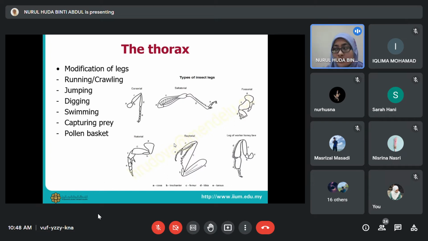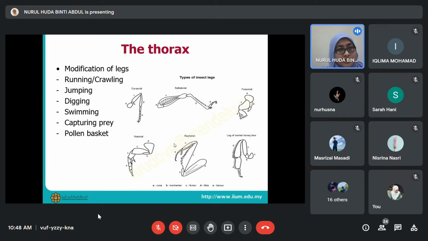So it's not actually a basket, dia bukan bakul, it's just an enlargement of the surface. The bees collect pollen and tampal it on the tibia to carry into their nest.